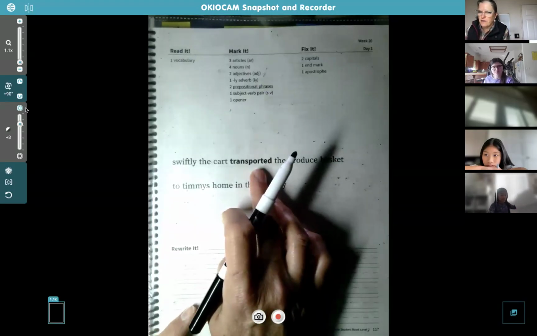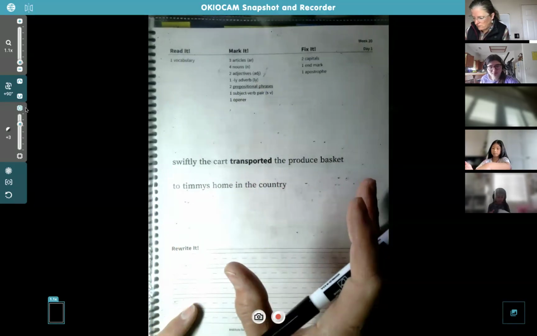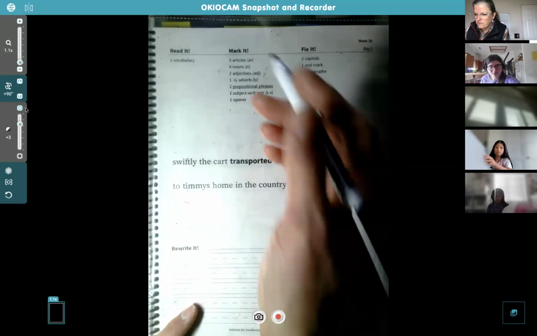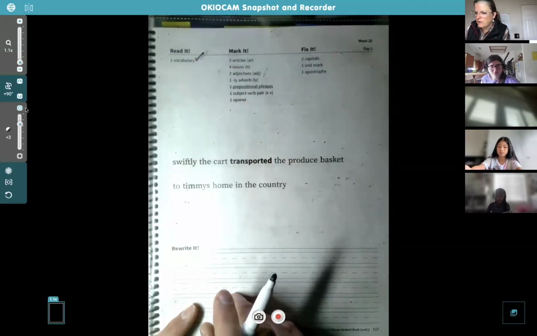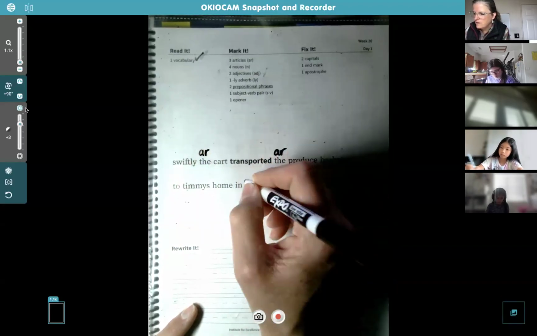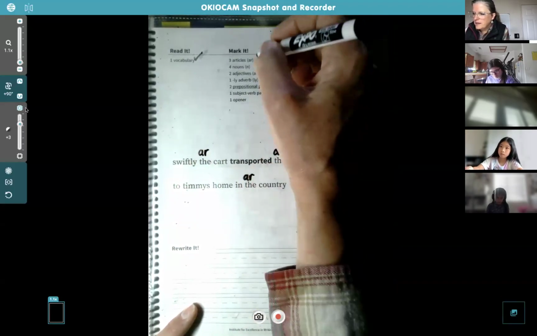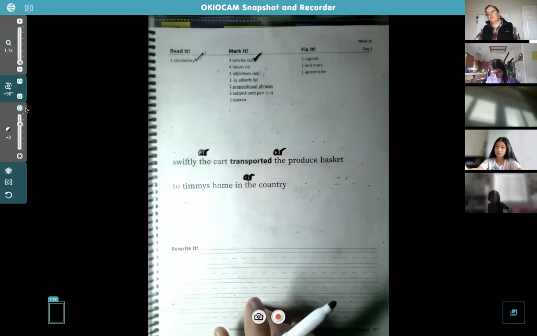Transported is the vocabulary word, and it just means like moving it from one place to another. It's a verb. So go ahead and check vocabulary. There are 3 articles. Go ahead and find those by yourself. And then there are 4 nouns. So London, where are the 4 nouns?